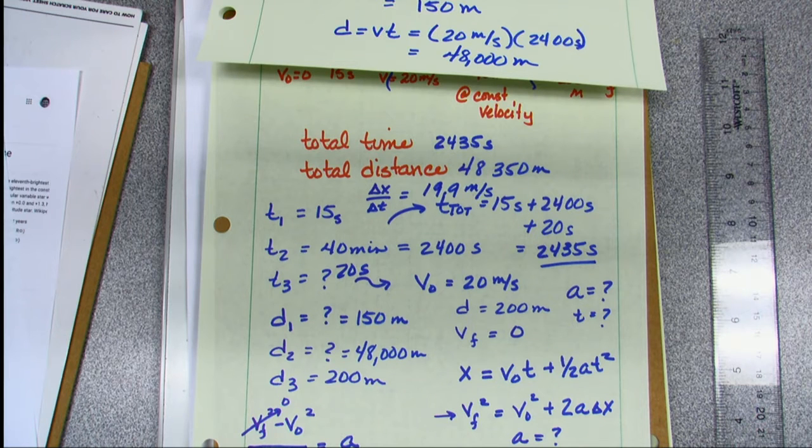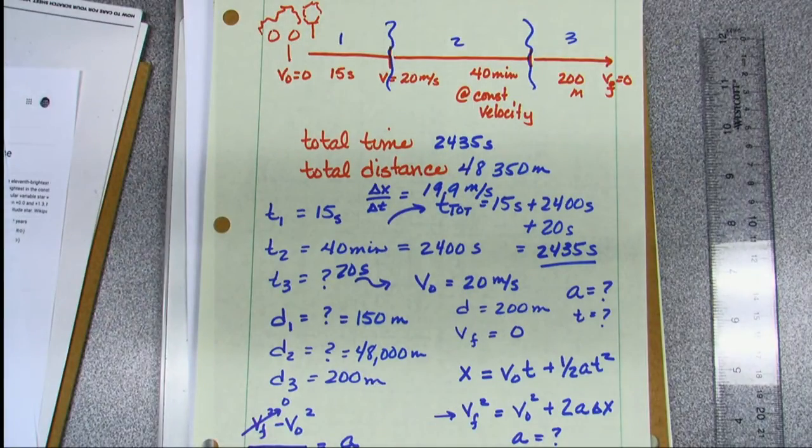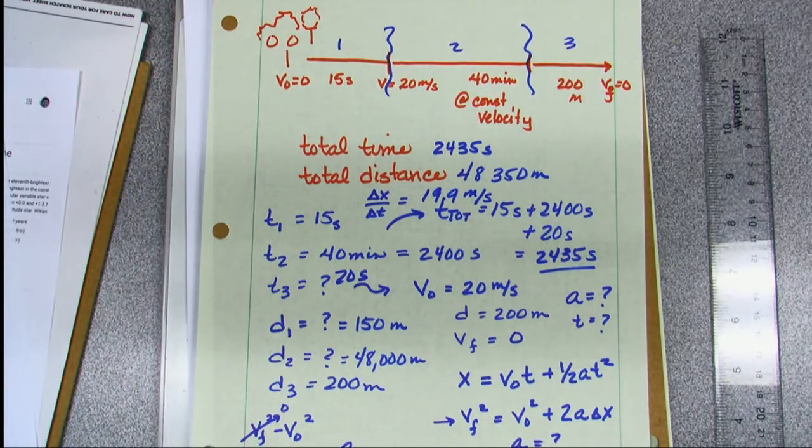That's the average velocity for the entire trip. But we had to take each section individually to calculate what we needed in order to get the ultimate average.